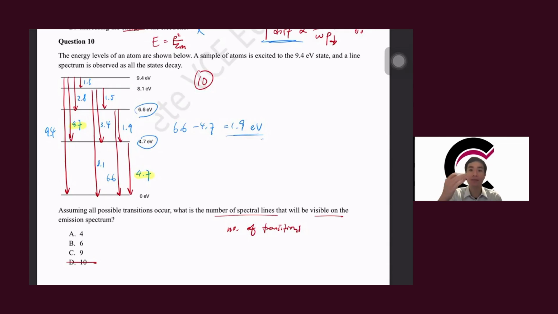In other words, the photon they emit will have the same frequency, or the same wavelength. And the number of lines would be not 10, but 10 minus 1. That is 9 spectral lines in total. Okay, this may trick many, many students. So be very careful when you see multiple choices like this.